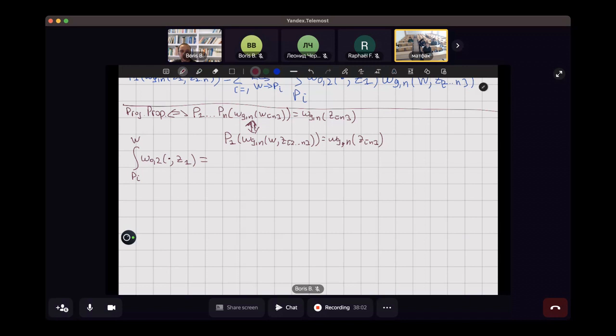And these two residues are absolutely independent from each other. Taking these two residues, okay?